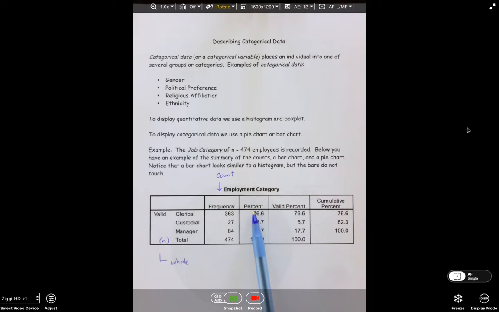Now we get up here as a percent, and this 76.6 was found by taking the 363 out of the 474. So it took the count of those that were classified as clerical divided by the whole, which is 474.